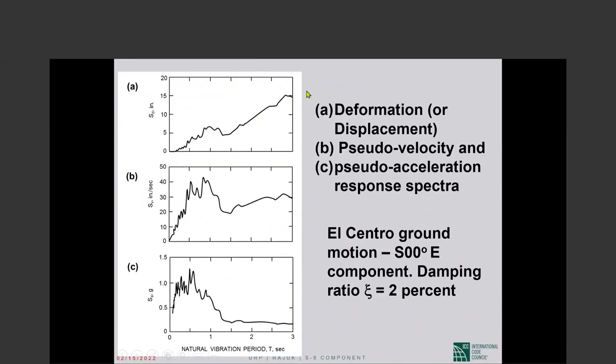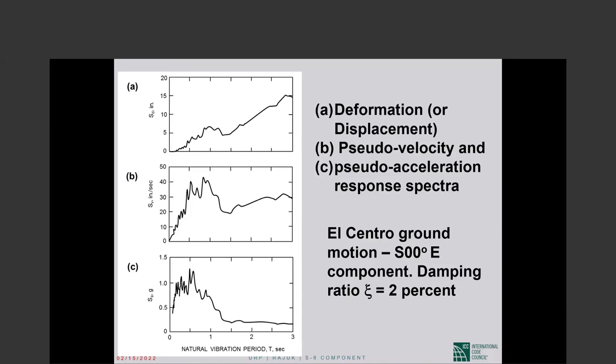Okay. So we saw the spectral displacement plot. Obviously, there is nothing to prevent us from plotting the spectral pseudo velocities against the period, which we have done in the second figure. And in the third figure, we have plotted spectral pseudo accelerations against the period. I absolutely want to emphasize that as we went from one slide to the next, the damping didn't change.